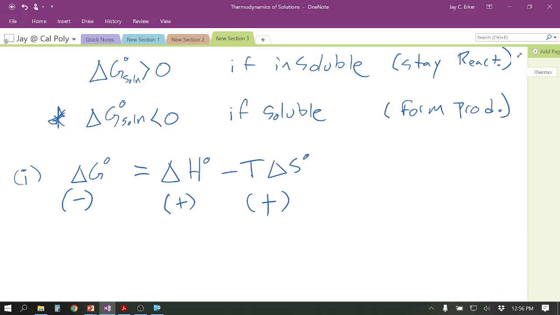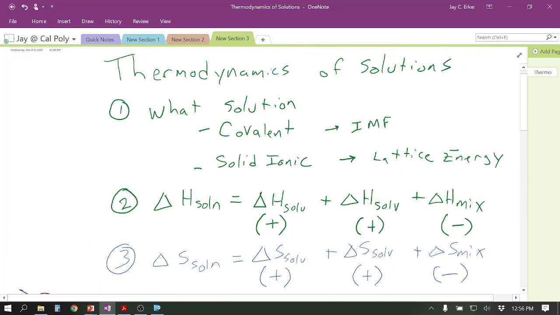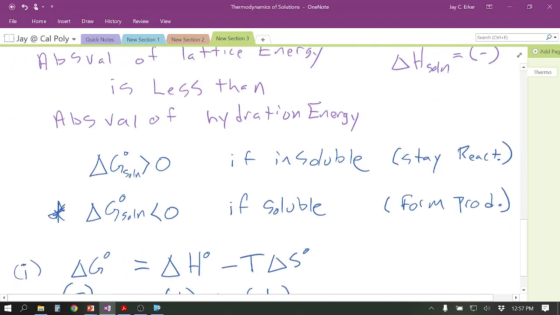In this situation, what we need is this overall negative T delta S term to stay negative, so the delta S has to be positive. Right? We can't say which part is causing it to be positive. When we look at this equation, we don't know if it's the solute part or the solvent part, but we know those two parts together are larger than the mixing, because the increase in entropy overall for the solution stays positive.